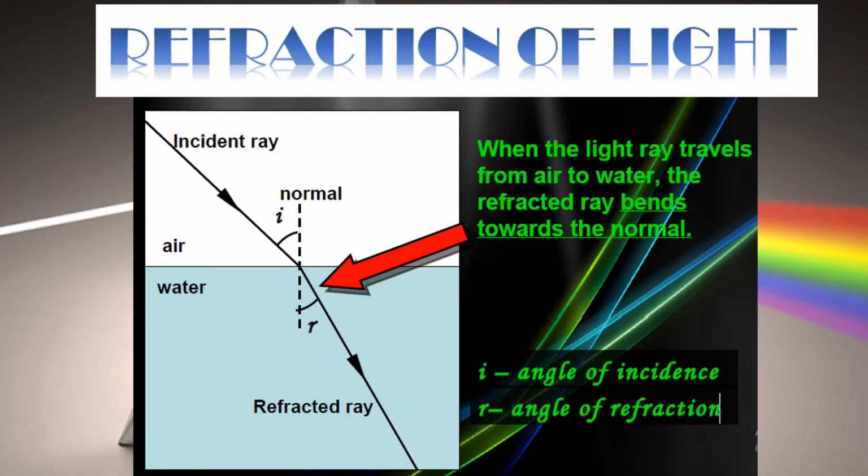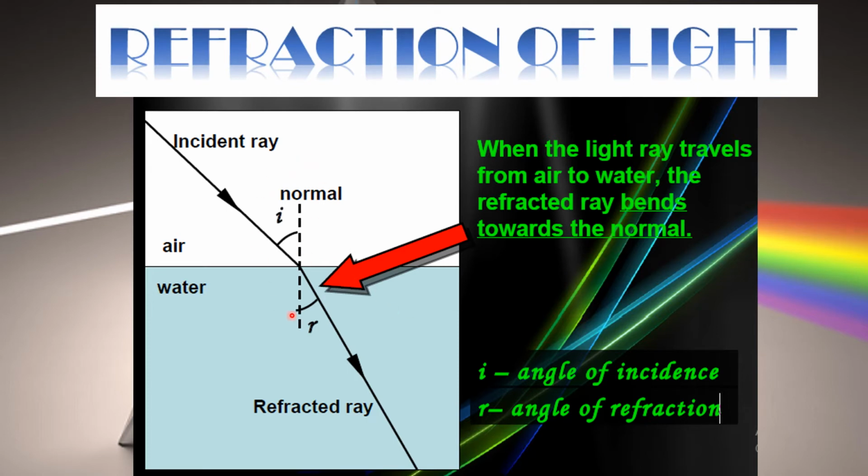Students, just look at this figure. In this figure, a light ray, that is called the incident ray, travels from air and enters into water, and this incident ray gets refracted, that is, it bends towards the normal.